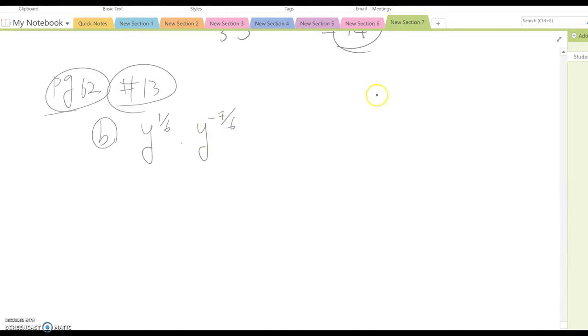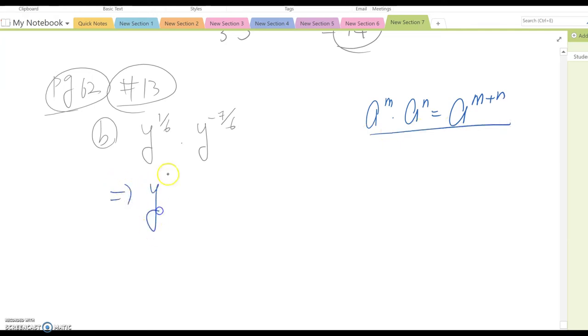So the property a to the m times a to the n is equal to a to the m plus n, right? So in this case, you can make y to the 1 over 6 plus negative 7 over 6.